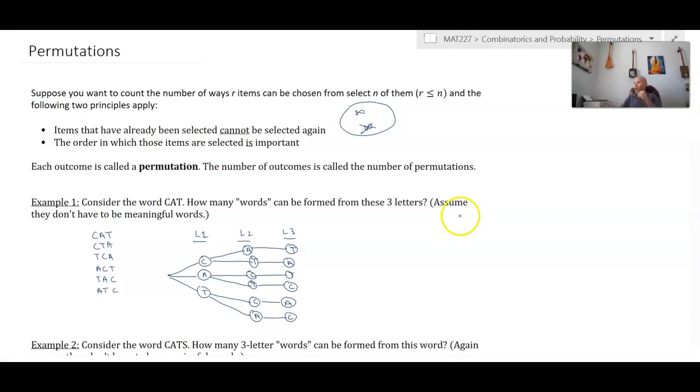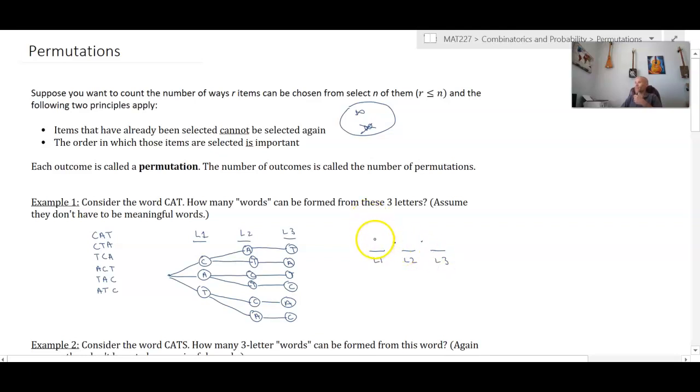And if you look at this for a moment, you're like, okay, well, I see that there are 6 different possibilities. How could I do this without listing them all out? Well, we can think about this another way, and we can say, let these 3 lines represent the number of possibilities at each letter. So here's letter 1, here's letter 2, here's letter 3.